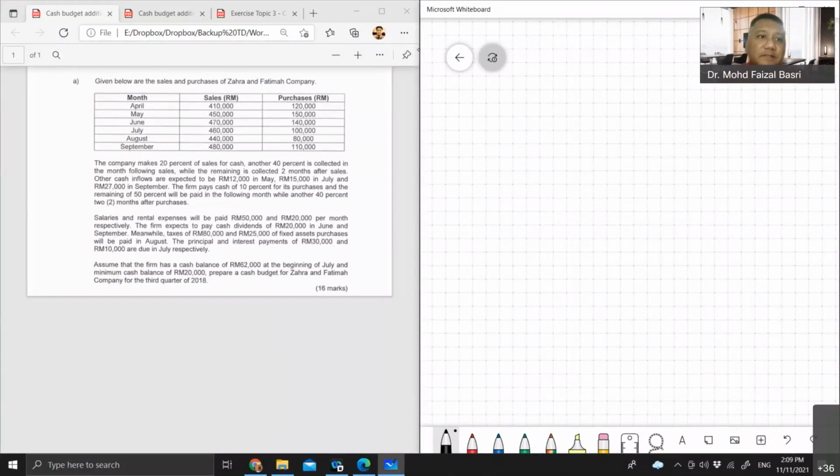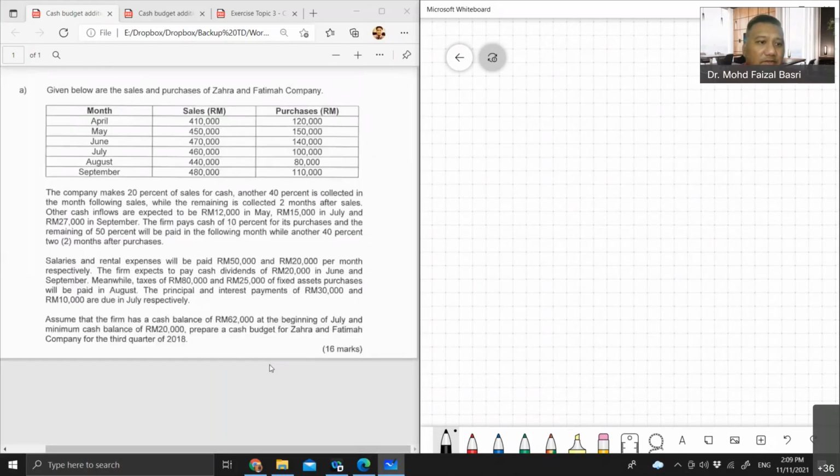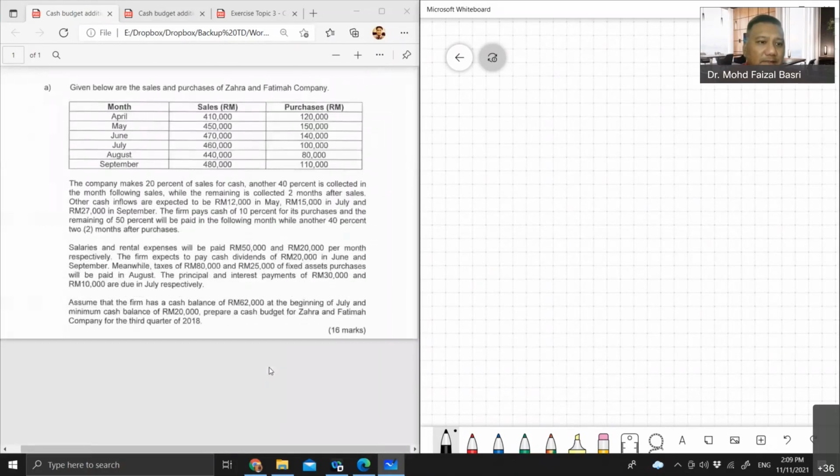So for example, for this question, Zahra and Fatima company, hopefully you can see on the left. Try to make it as big as possible. Maybe macam ni. So the company is Zahra and Fatima company, and the questions usually they will put at the end macam ni. The instruction: prepare a cash budget for Zahra and Fatima company for the third quarter of 2008.